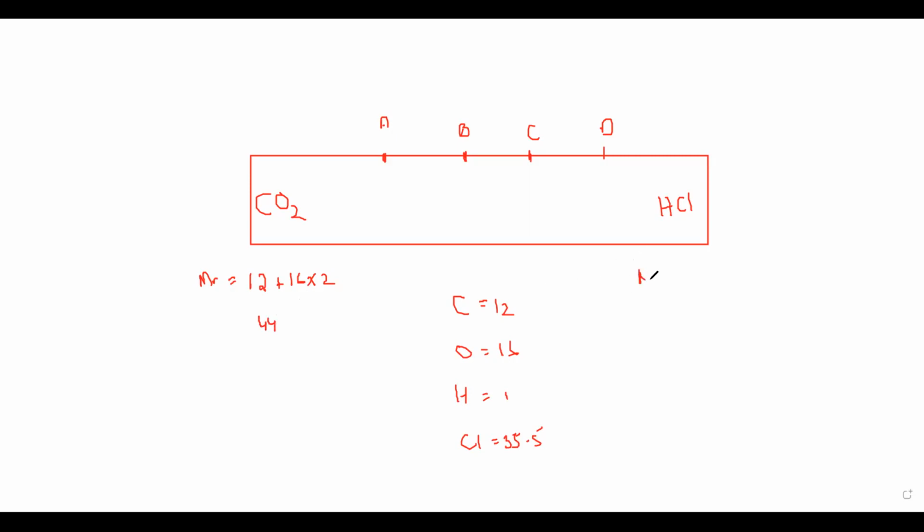For HCl, hydrogen is 1 plus chlorine is 35.5. So total will be 36.5. So which gas will diffuse faster? The question, first part. So HCl will diffuse faster.